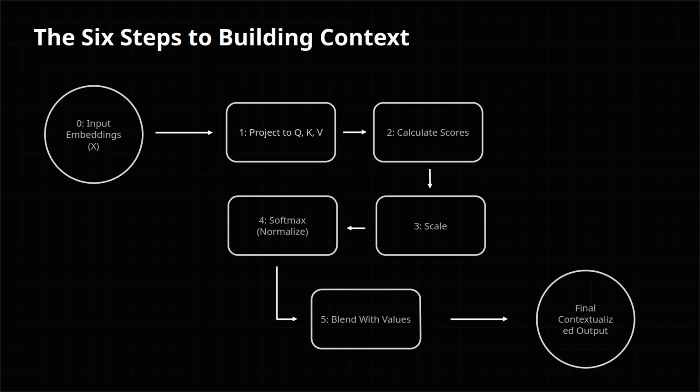We scale those scores down so they stay in a comfortable numeric range. Then we apply a function called softmax, which turns each row of scores into a set of percentages that add up to 100. Finally, we use those percentages to blend the value vectors. The result is a new contextualized vector for each word, where the meaning of the word has been influenced by the rest of the sentence.